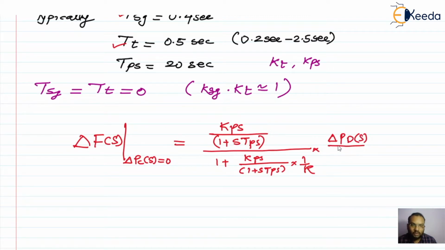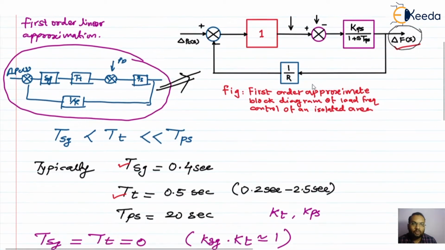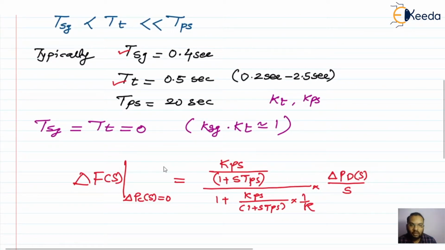As we are considering a step change in the load, we have to divide it by s, because the Laplace of the step signal is 1 upon s. Again, you see that power demand in this block diagram representation, PD, is a negative signal, so we put that negative sign here.